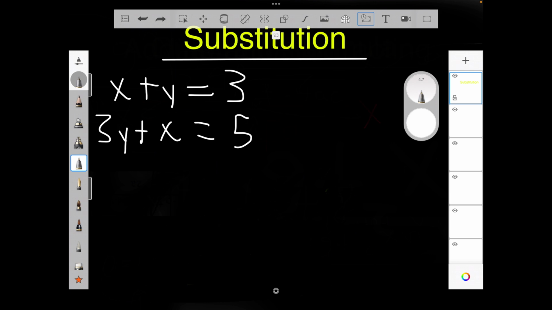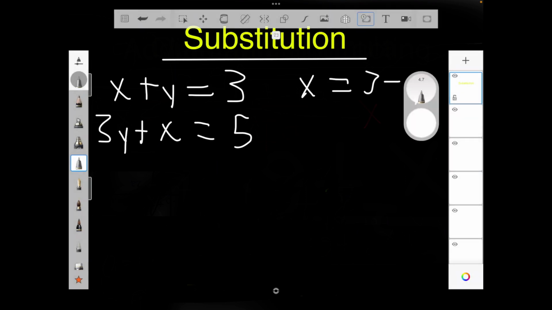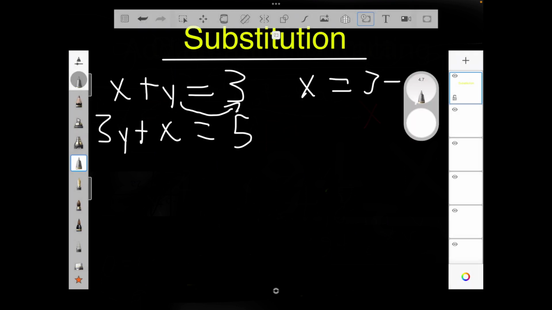So let's look at the first equation here, x plus y equals 3. We could technically rewrite that so it is x equals 3 minus y. We could do this because if we move the y to the other side over here, that's what it would mean. So what can we use with that?